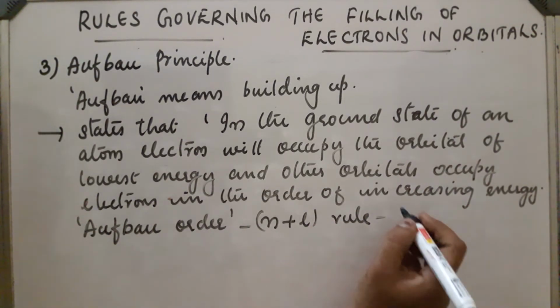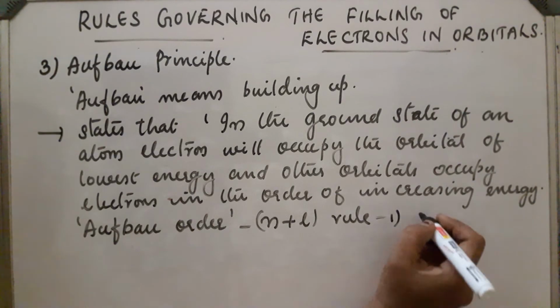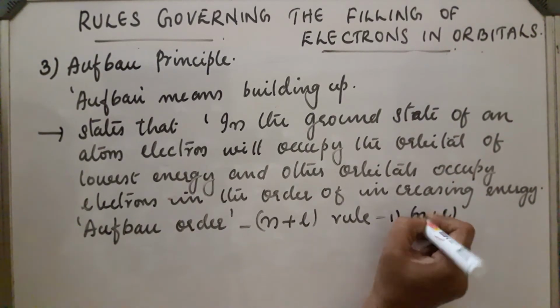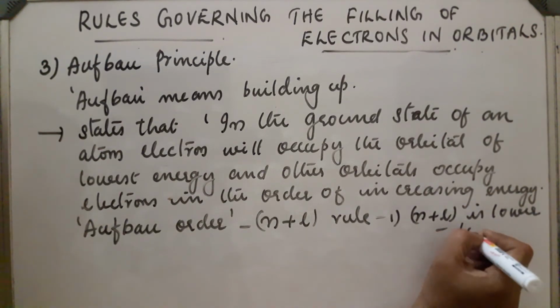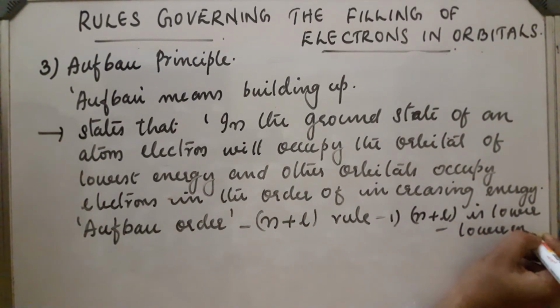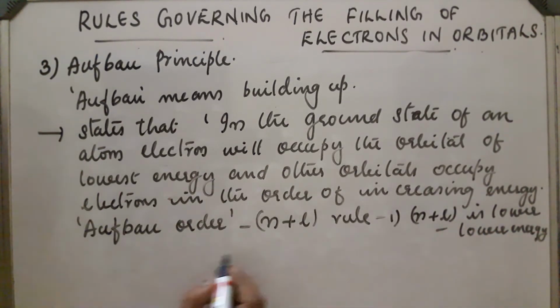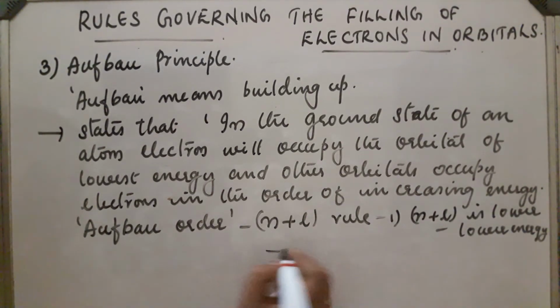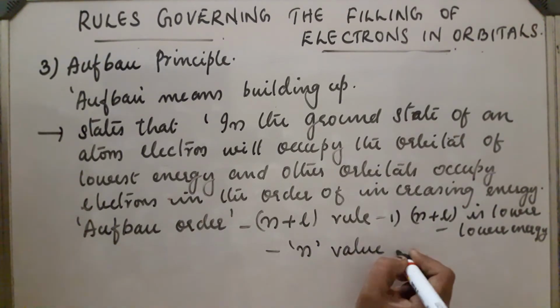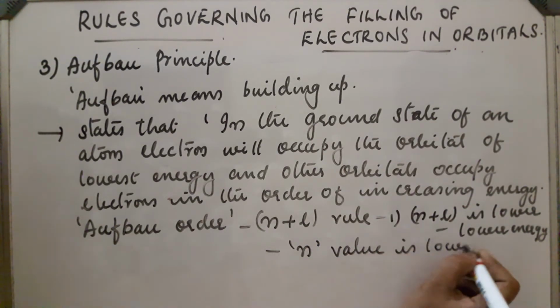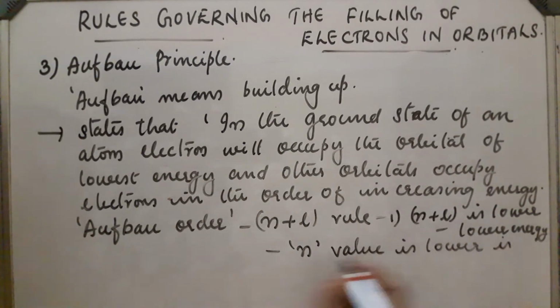According to this rule, if the n plus L value is lower, the orbital has lower energy, and if the n plus L values of orbitals are the same, then the one with the lower n value will have the lowest energy.